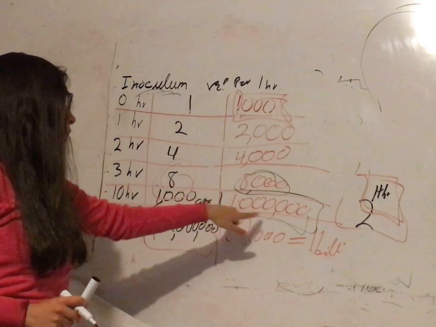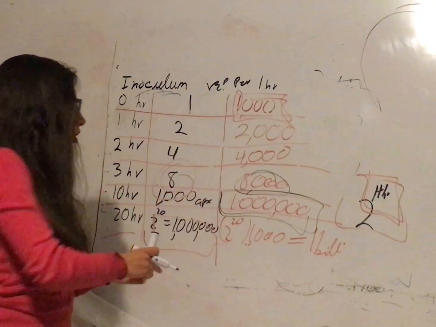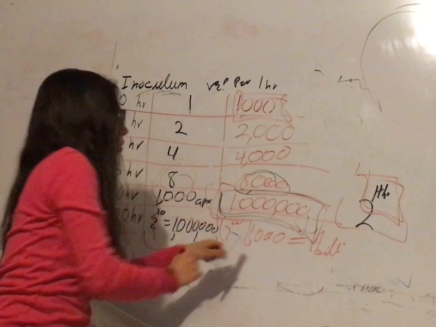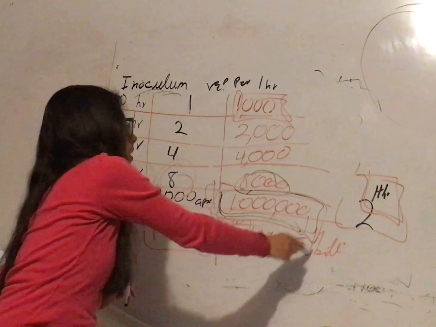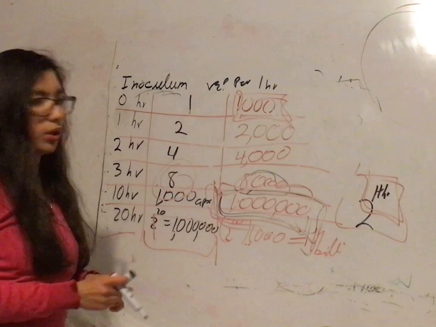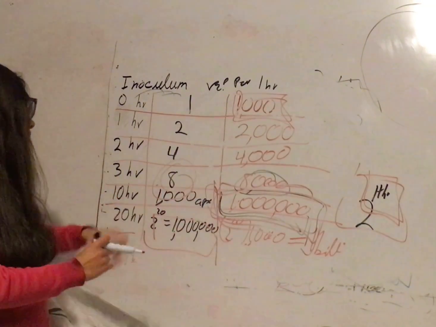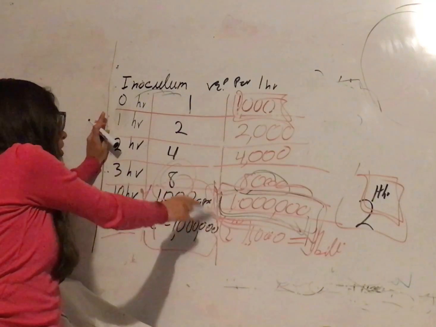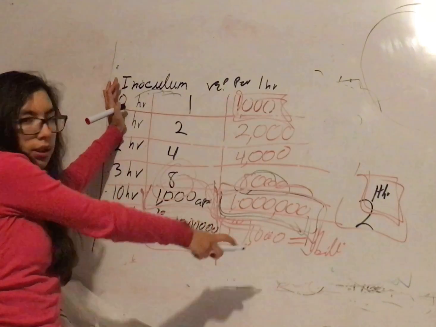In 10 hours we have 1 million viral particles, and this outgrows or overwhelms the immunological response. We cannot attack all this very efficiently with the immunological response. It takes time. But here, 1000 particles in 10 hours, we can attack them very efficiently, comparatively.